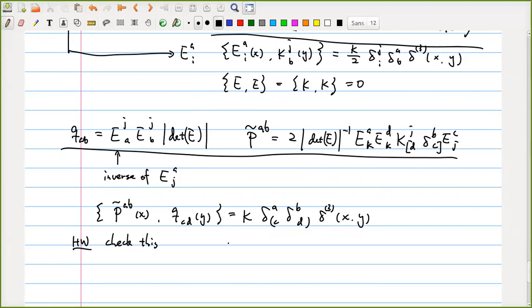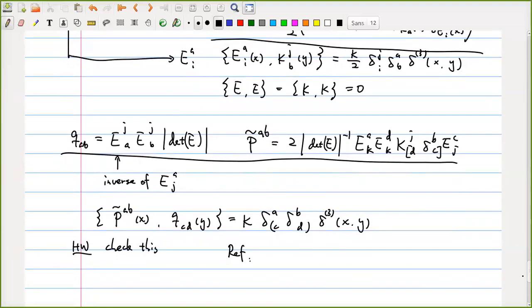But now I'm giving a reference for you in case you get stuck somewhere. The reference is Thiemann's book, called Modern Canonical Quantum General Relativity.